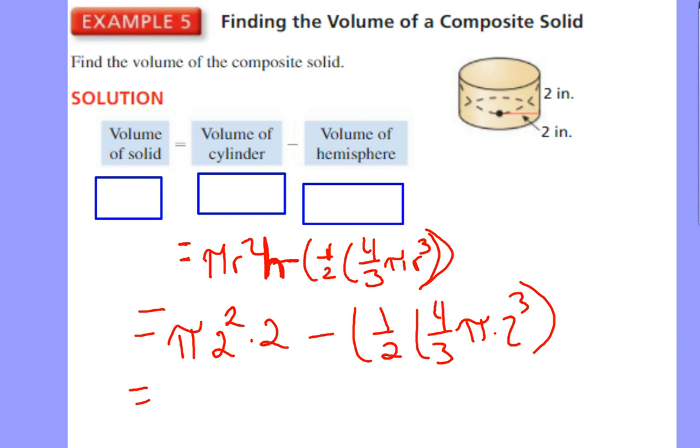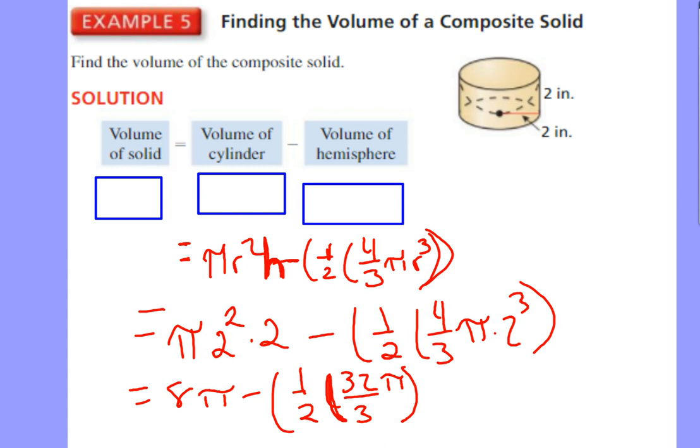So 2 cubed is 8, so we have 8 pi minus 8 times 4, which gives 32 pi over 3, and 32 does not divide into 3 evenly. So we have 1/2 of 32 pi over 3.